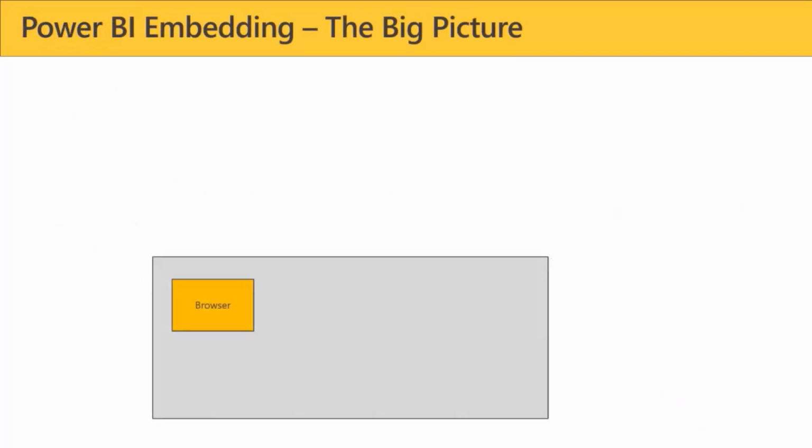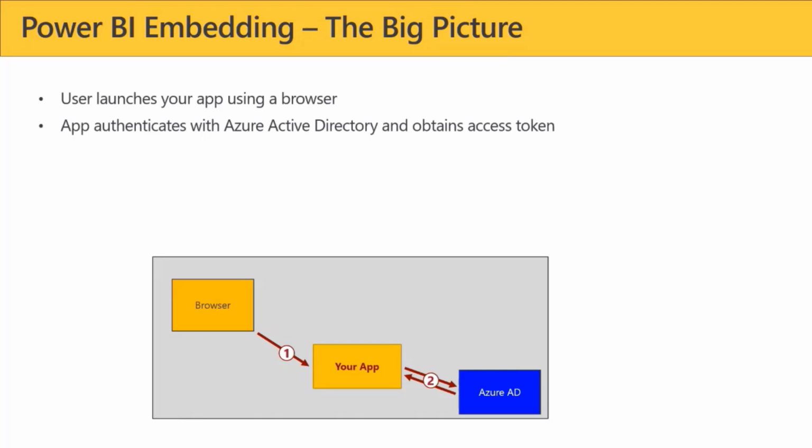Okay, so the big picture, and here's just a quick diagram I showed at the beginning of so many different sessions talking about Power BI embedding, because the idea is that your application has to be browser-based. Everything works inside of an HTML document when we're using Power BI embedding. And we're going to have to talk to the Power BI REST API.